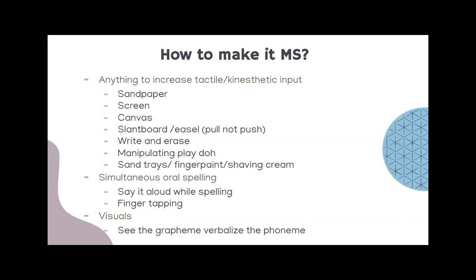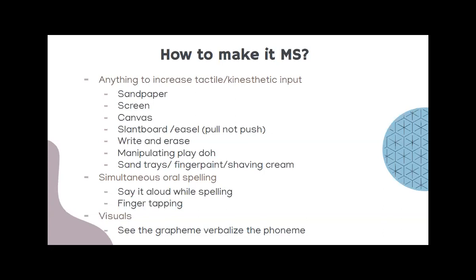So if you can have your child at home working on either a slant board or an easel, starting at the top and going to the bottom, that's actually better for their tactile input. Anytime you have an easel or a slant board and your student is using large muscle movement, that's ideal.